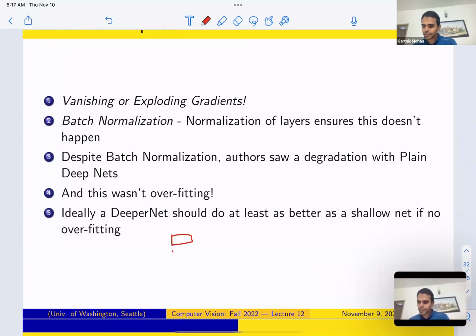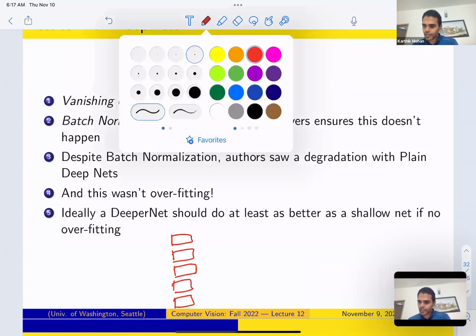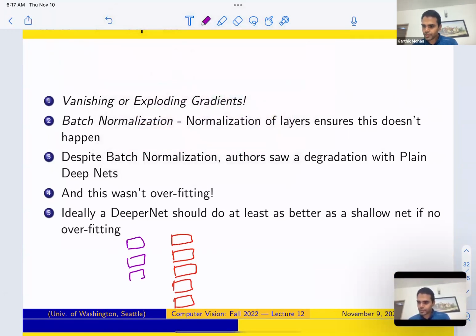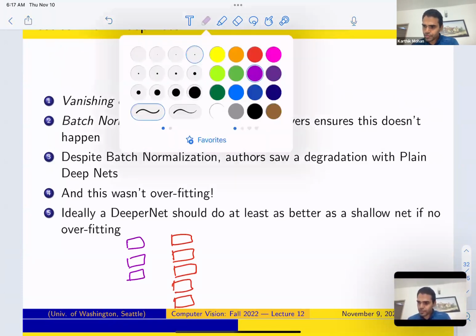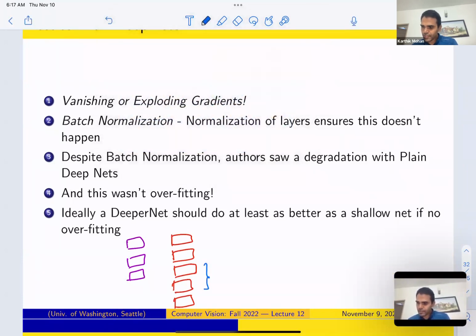So for instance, if you have a network with 5 layers, and let's say these 2 layers do not do much. Let them just take the input here and then just copy it here. So that's the same as a 3-layer model, right? So you can call this an identity mapping. If this 5-layer network does identity mapping between the 2nd layer and the 5th layer, it reduces to the 3-layer model because it's not doing much in these 2 layers.